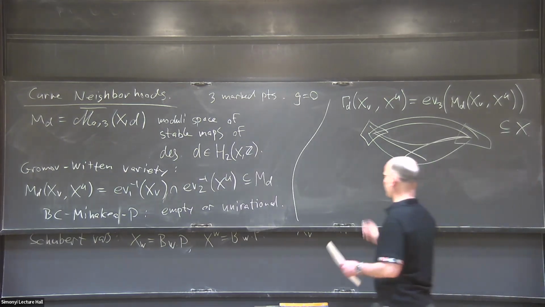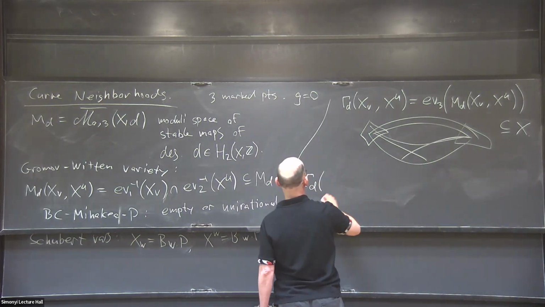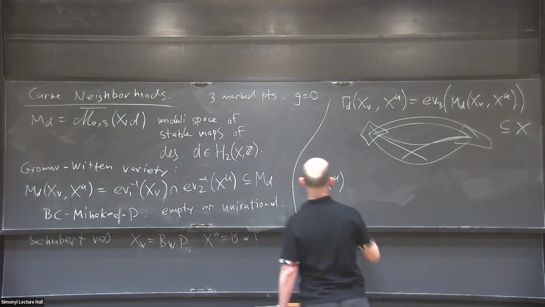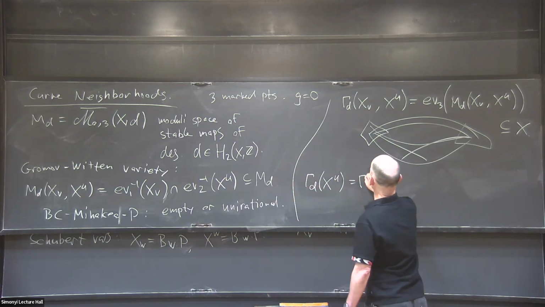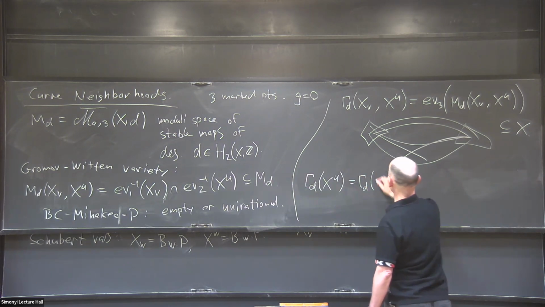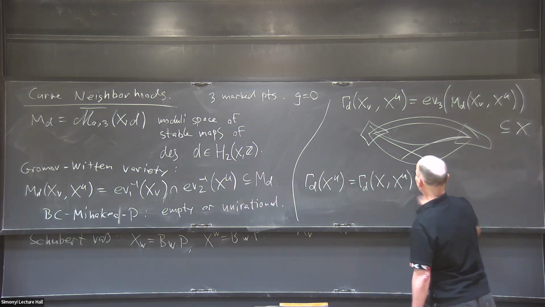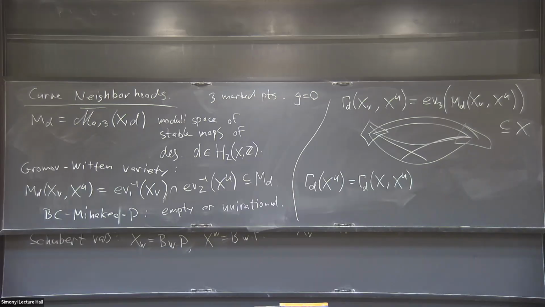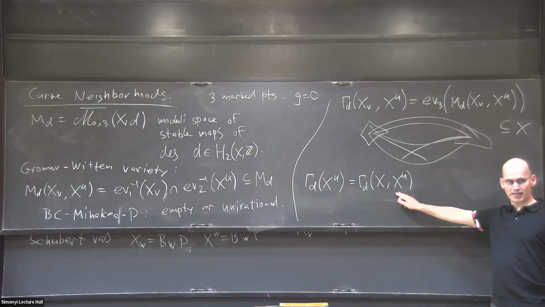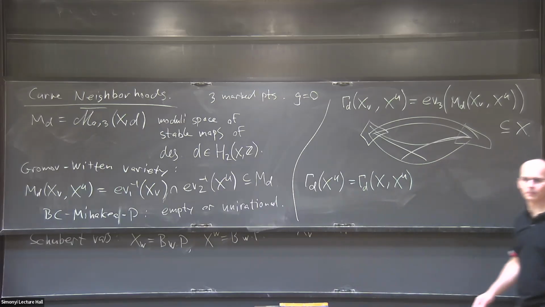In the special case where I just take Gamma_D of a single Schubert variety, that means I take the union of all rational curves of degree D that pass through my Schubert variety X_u.